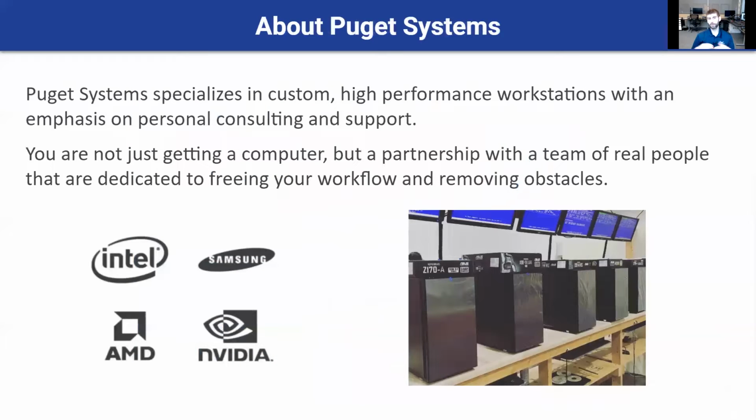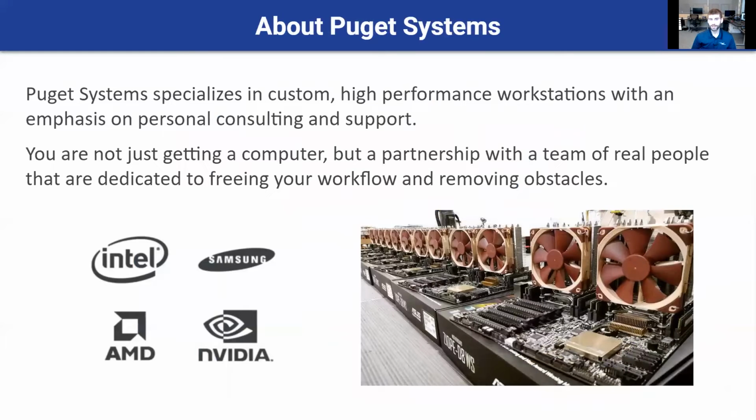So, a brief bit about Puget Systems, if you are not familiar with us. We specialize in high-performance workstations, but the thing that we really emphasize is our consulting and our support. In the end, a computer is just a box of parts, and anyone can put together a box of parts. While we do a lot of things that are special for that box of parts, we do a lot of qualification to make sure it's the highest quality parts that are going to be the most reliable.